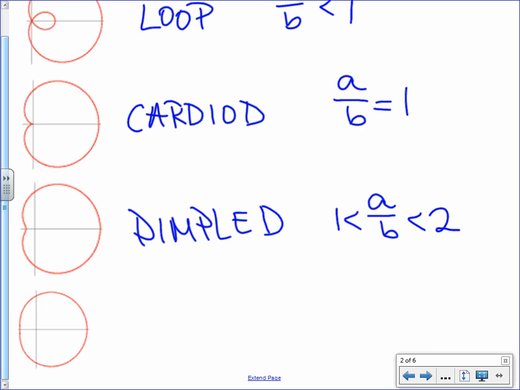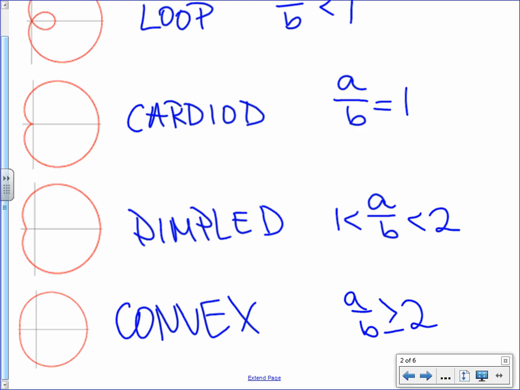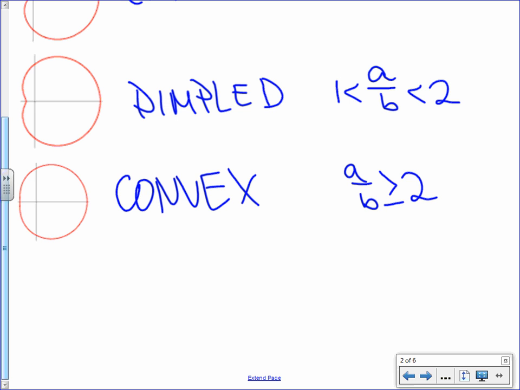This one flattens out. It looks like a ball of Play-Doh is on the ground, kind of flattened a little bit. Okay, this is what we call a convex. And that is when A divided by B is greater than or equal to 2. If it's 2 or above, we have a convex.